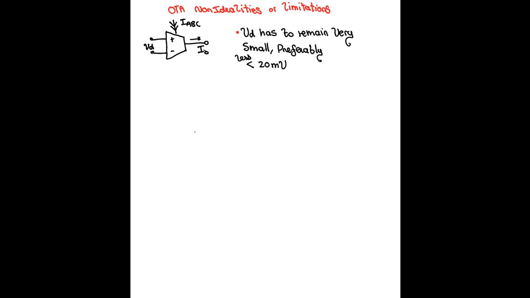The next one, which is also very important, is that IABC, or the bias current, has to remain within a range from 0 to 2 milliamps, where 2 milliamps is the rated max. So what I always do is go from 0 to 1.5.